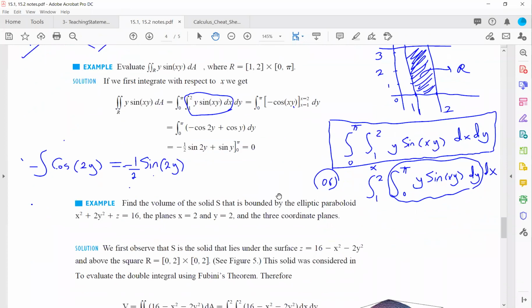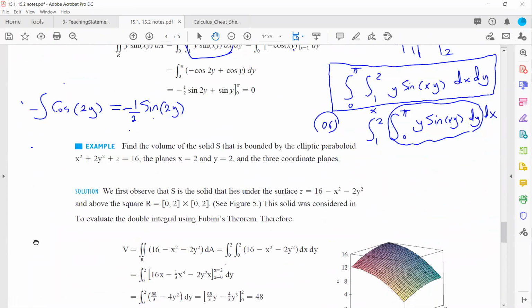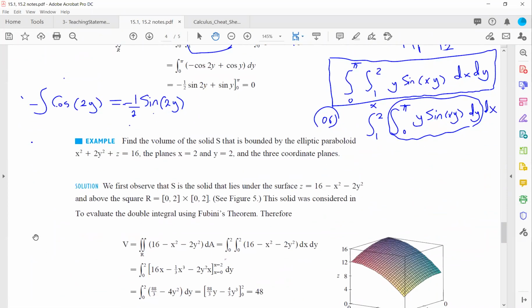Next example. Question says, find the volume of the solid S that is bounded by the elliptic paraboloid x squared plus 2y squared plus z equals 16, and the planes x equals 2, y equals 2, and the 3 coordinate planes.